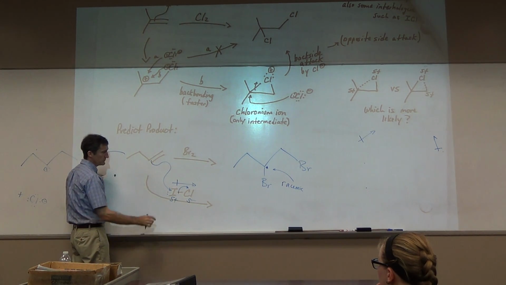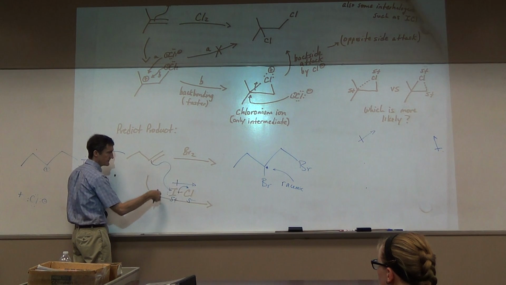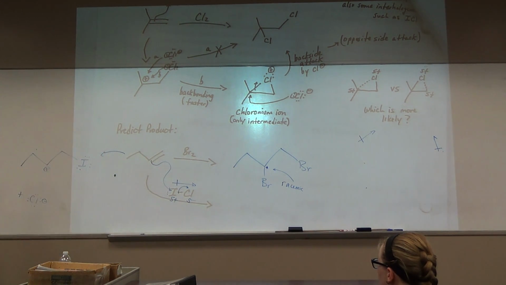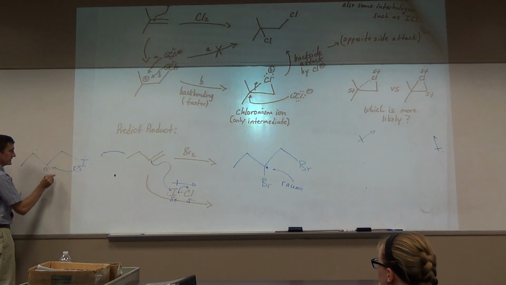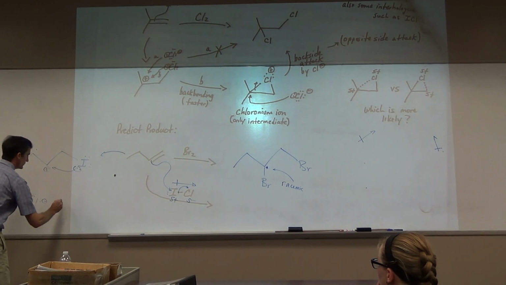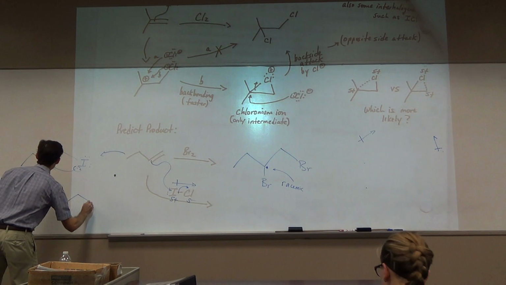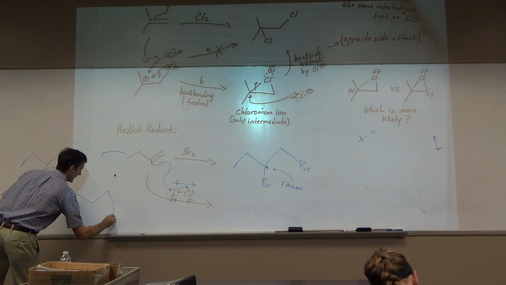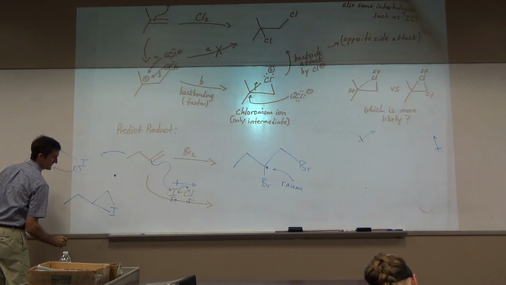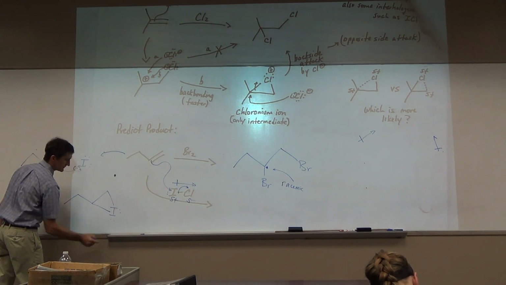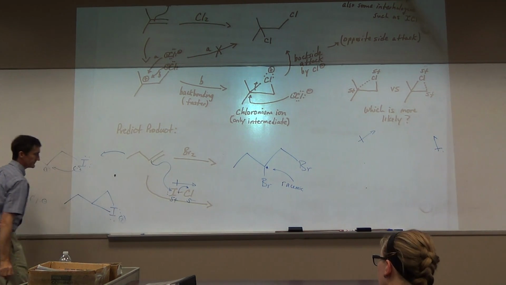And again, most books will just show an arrow coming here all at the same time. I think it's too much. I showed this. Now I show this arrow coming in. And that leads to iodine. Now it's back bonded. Two lone pairs. And that iodine is positive.